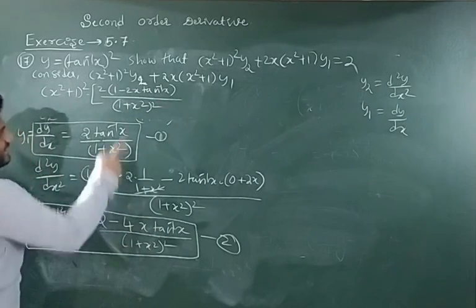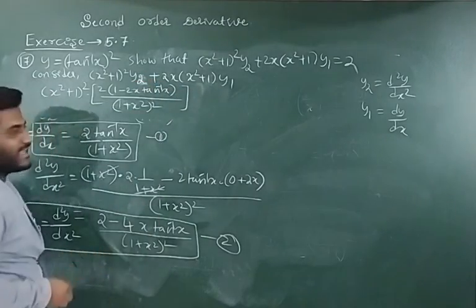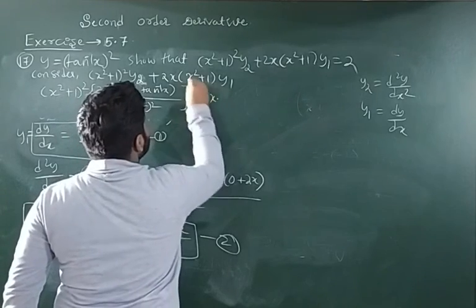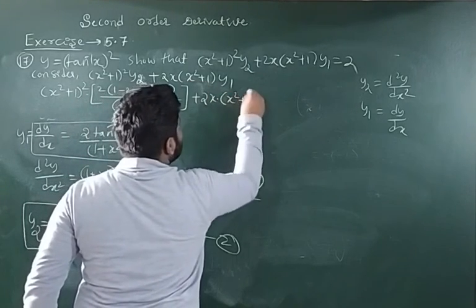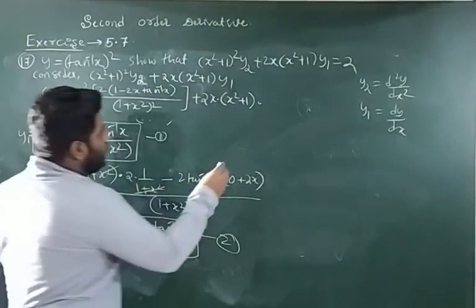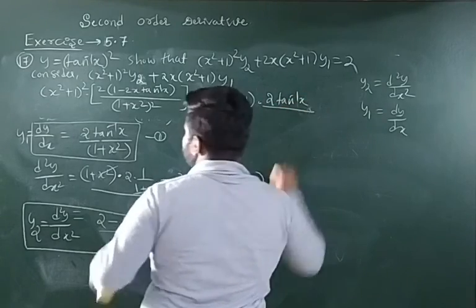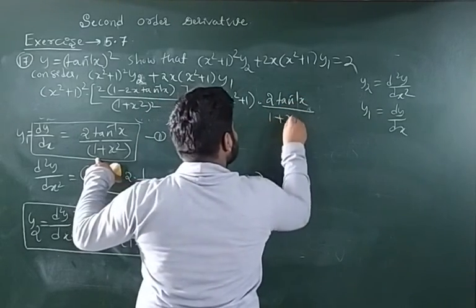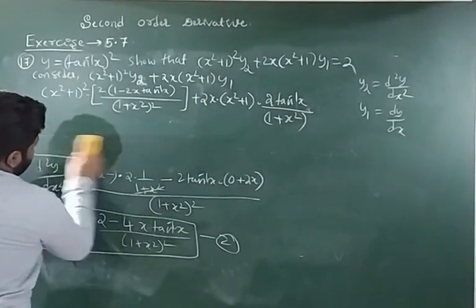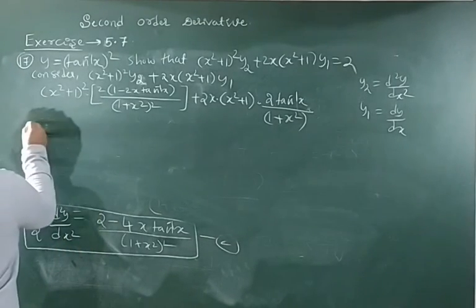So this one we have substituted here, this is y2. Next, plus 2x into (x square plus 1) into y1. What is the y1 value? This is the entire thing: 2 tan inverse x whole divided by 1 plus x square. Now the remaining we have to simplify.